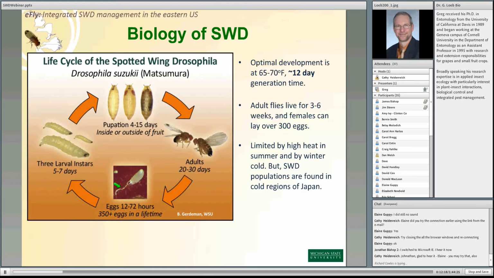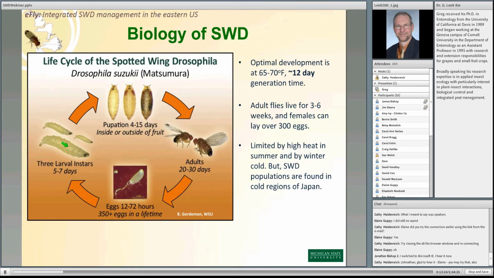After a relatively short time, these eggs hatch into maggots that feed on the fruit directly and develop over a 5 to 7 day period. They pupate either on the fruit, in the fruit, or dropping off the fruit. They sit in the pupal stage for a number of days, then emerge, or eclose, and repeat the cycle.